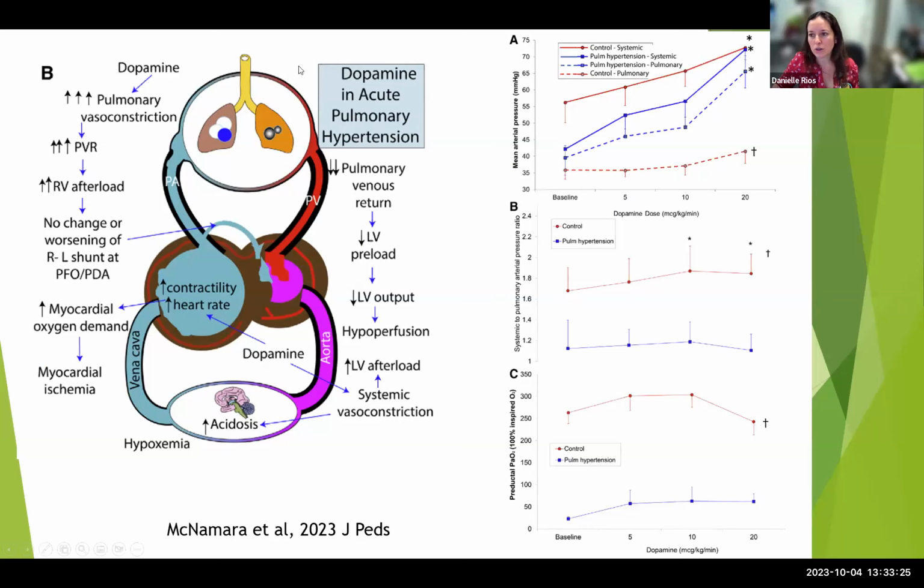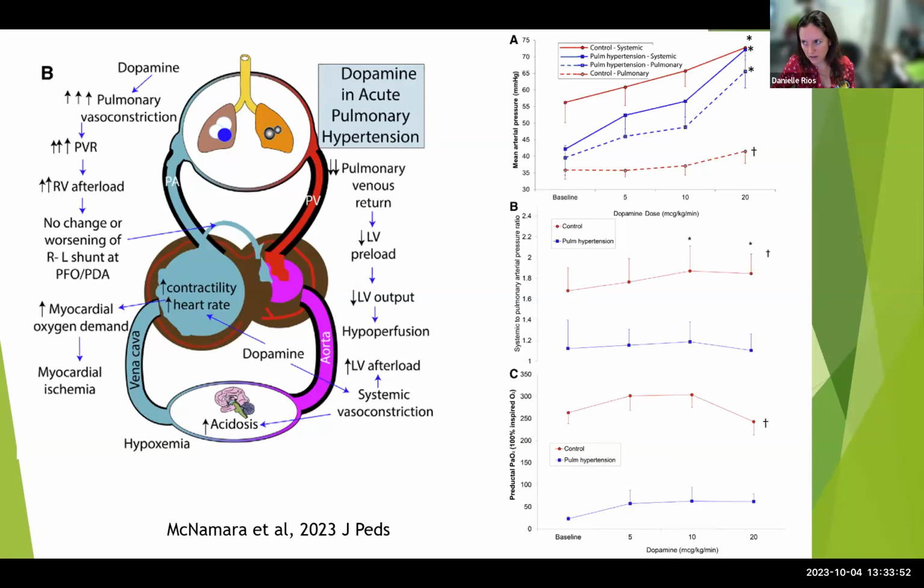The acute pulmonary hypertension causes a lot of this, but then dopamine will increase your pulmonary vasoconstriction more, increase your PVR more, which increases your afterload more. And it could worsen the right to left shunt at the PFO to PDA. The increase in heart rate might increase your myocardial oxygen demand, et cetera. So it just can add to a lot of things.